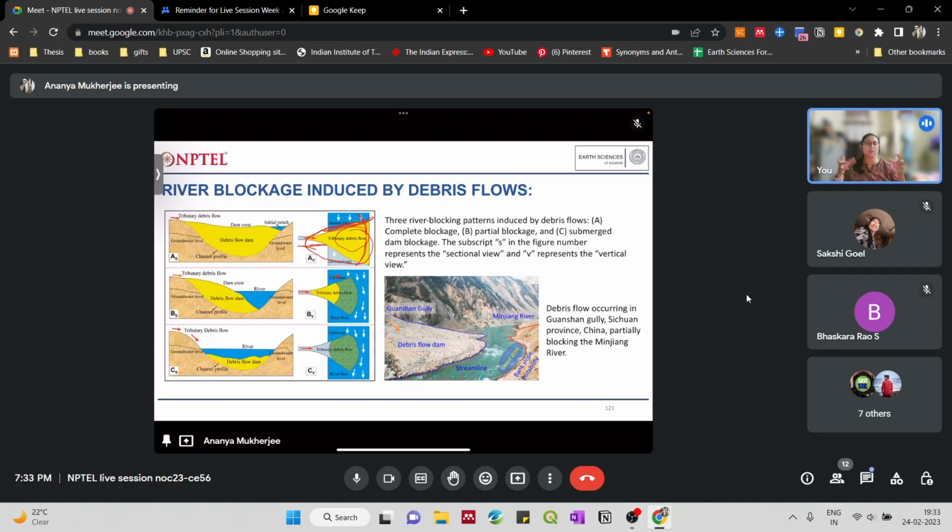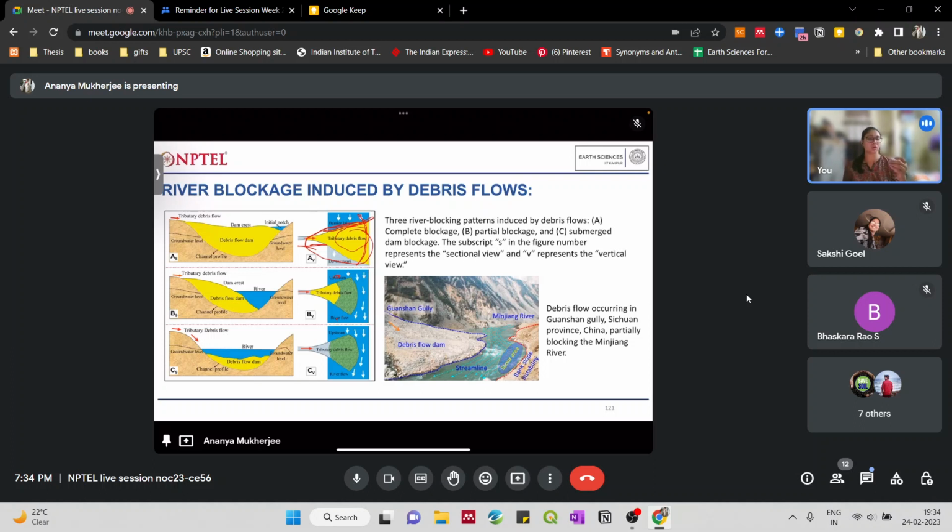Suppose larger sizes of sediments are deposited on the banks of the river. Maybe due to slope instability, there will be a sudden disturbance and the entire material present on the banks of the river is going to flow down, so it can block the river course.